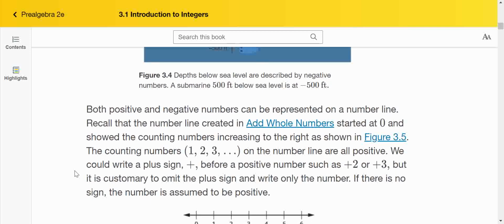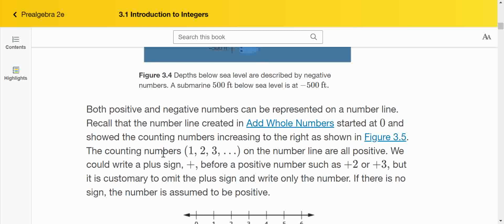Both positive and negative numbers can be represented on a number line. Recall that the number line created in Add Whole Numbers started at 0 and showed the counting numbers increasing to the right, as shown in Figure 3.5.